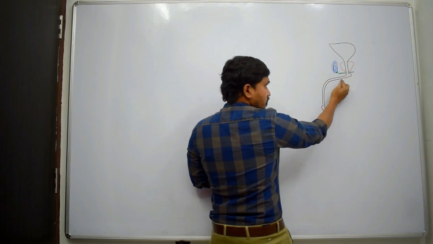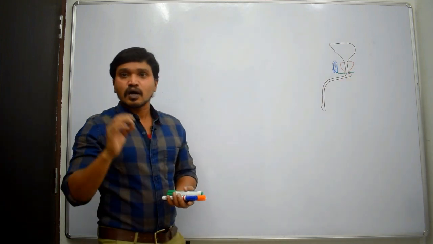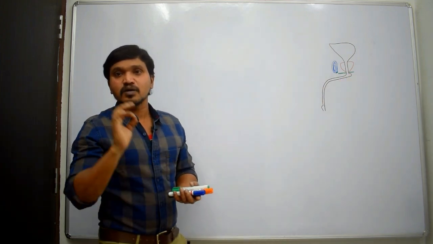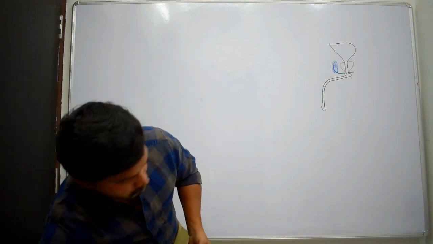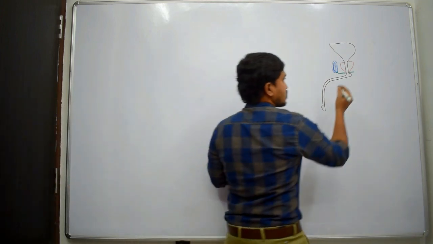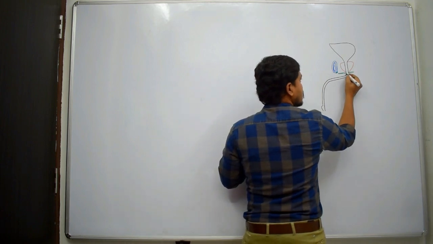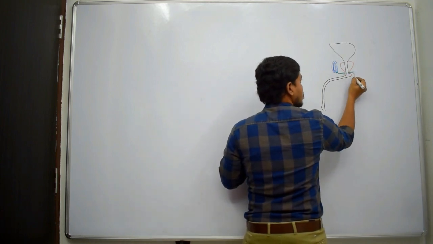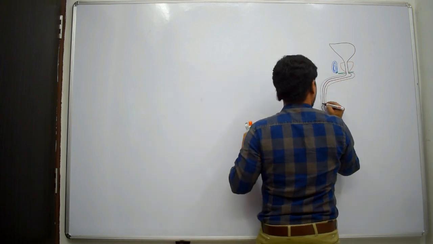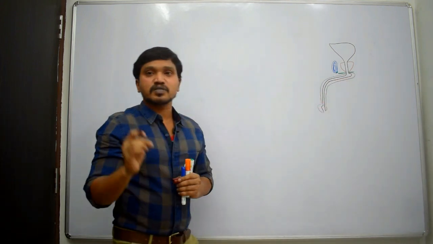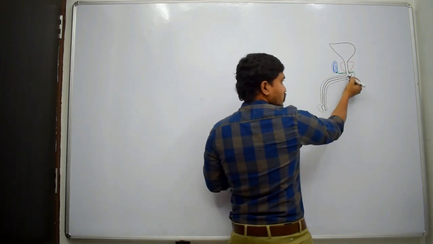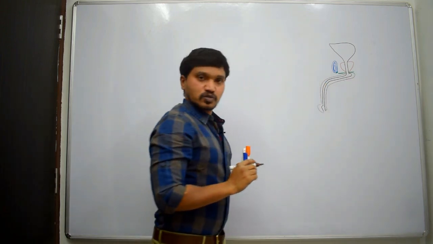Then this part of the urethra passes through the bulb. Which bulb? Bulb of the penis. So here I am drawing the bulb of penis. This is the bulb of penis and this is corpus spongiosum. So the urethra passes through the corpus spongiosum.